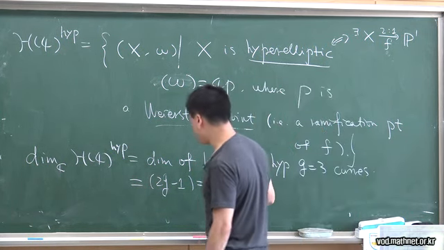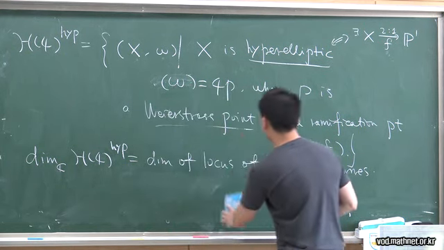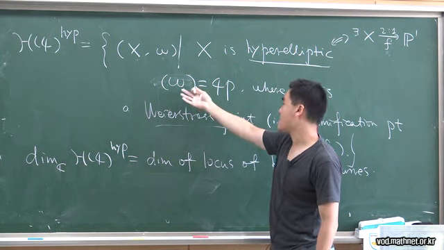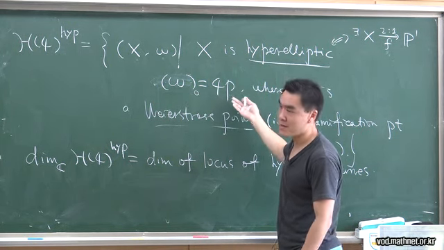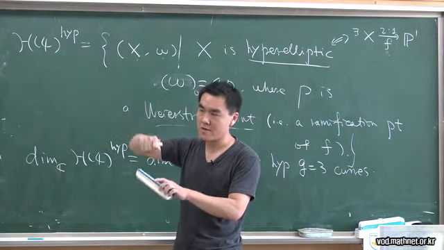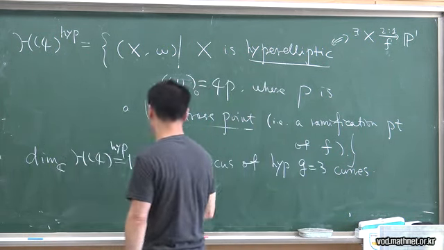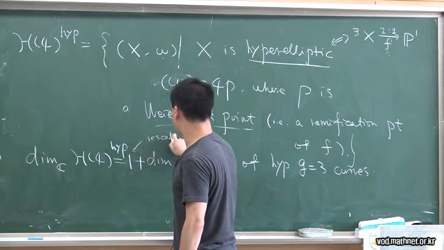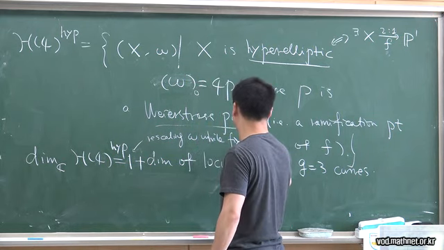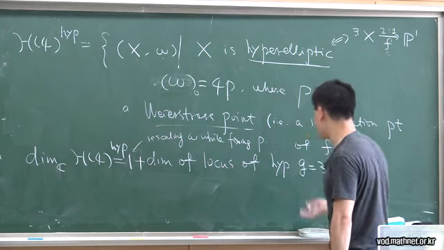Sorry, I have to do one more correction. This is really the tricky part. I'm describing the zeros of omega, right? But I can consider 2 times omega, 3 times omega. They all have the same underlying zeros. So my space is not only about the underlying zeros, but I also rescale omega. That means the dimension is really 1 plus this, where the 1 comes from rescaling omega while fixing P. In other words, if you only consider the underlying divisor, you get the dimension of the locus of hyperelliptic curves.